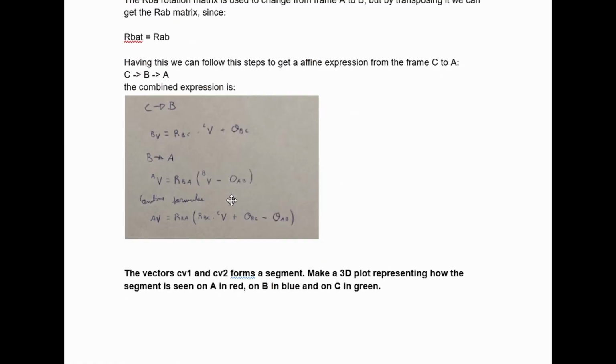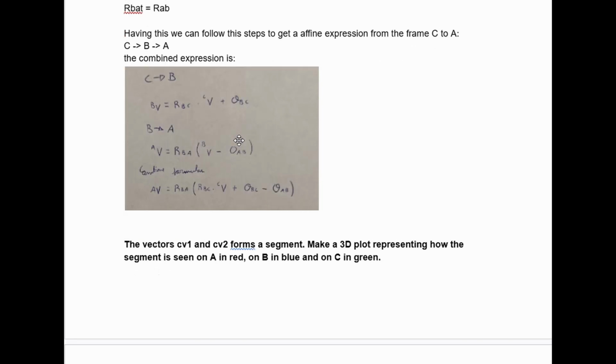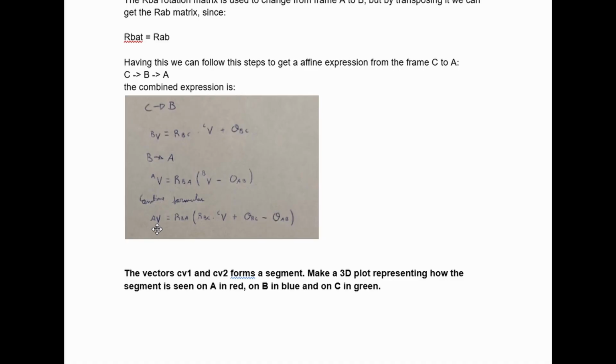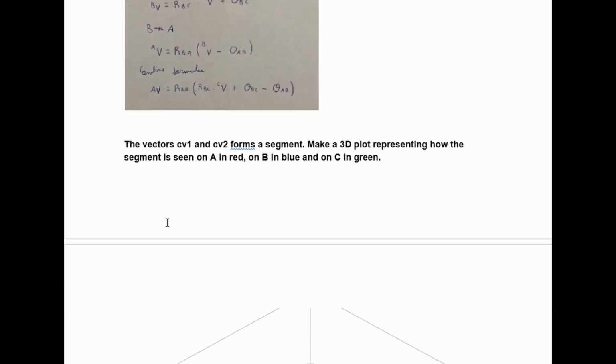Joining these two expressions, we can get this formula. This is the result and is an affine expression to transform from C to A, from any vector from C to A.